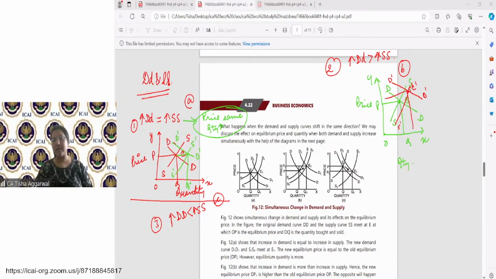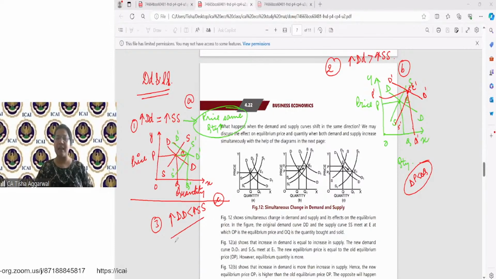Look at this. See, I'm drawing without scale, so it is changing a little. This is Q dash and this is P dash. If you see, the price change is lesser than the quantity change, correct? But you can make it easily. If you use a proper scale, it will come out to be perfect.